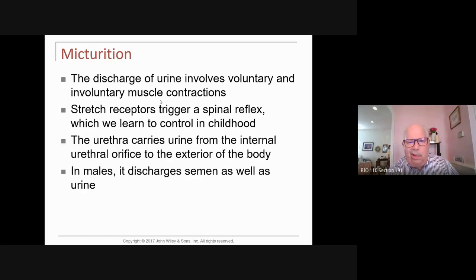And you learned as a 2-year-old or a 3-year-old to control the spinal reflex. When your bladder is stretched, it triggers a spinal reflex. We have all learned how to control our bladder. So that is extremely important to understand.